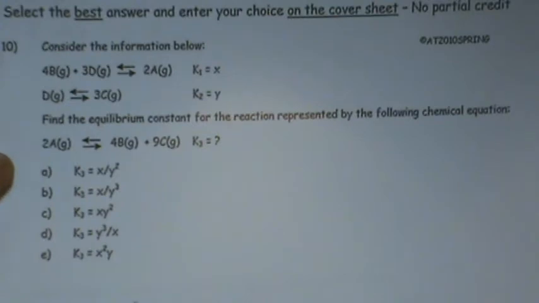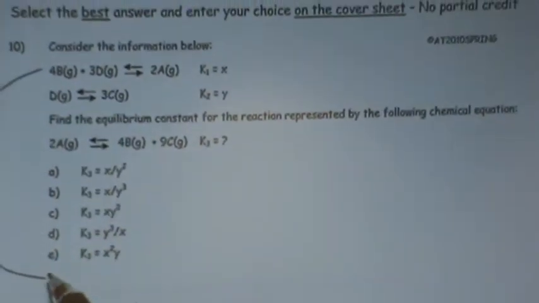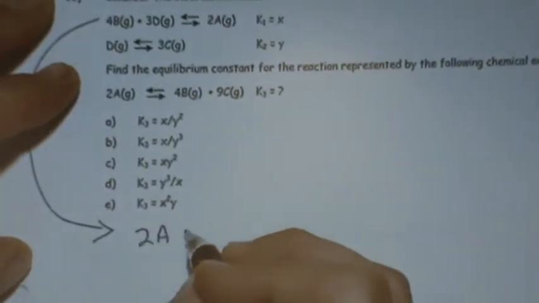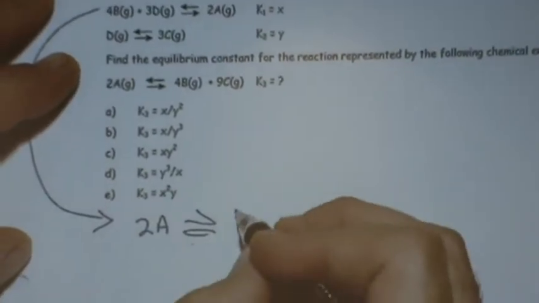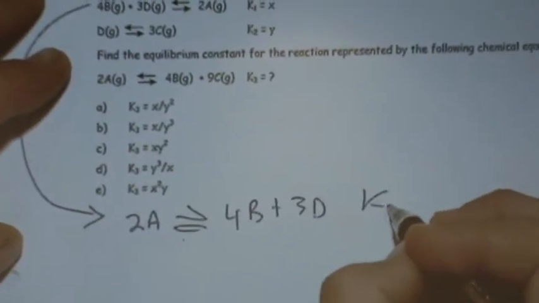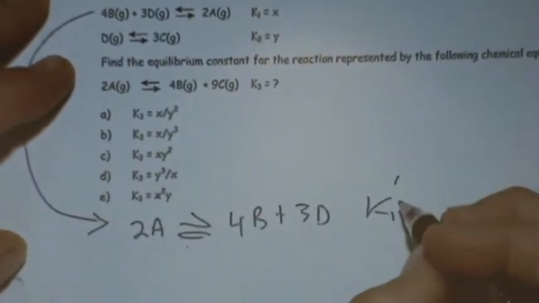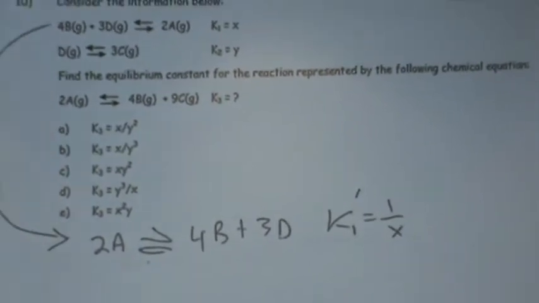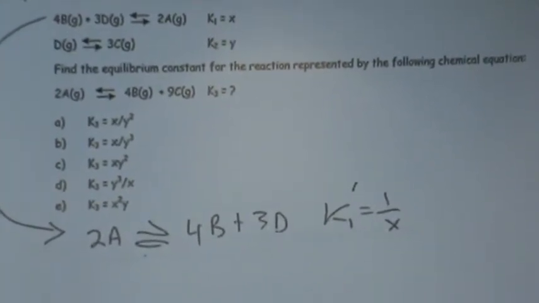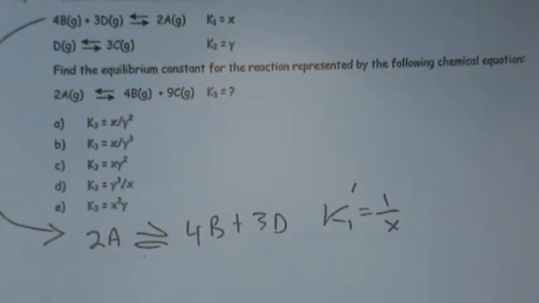So the first one is going to become 2A plus 4B gives you 3D, and the new equilibrium constant K1 prime is going to be 1 divided by x. When you reverse the equation, you invert the equilibrium constant. You remember that?